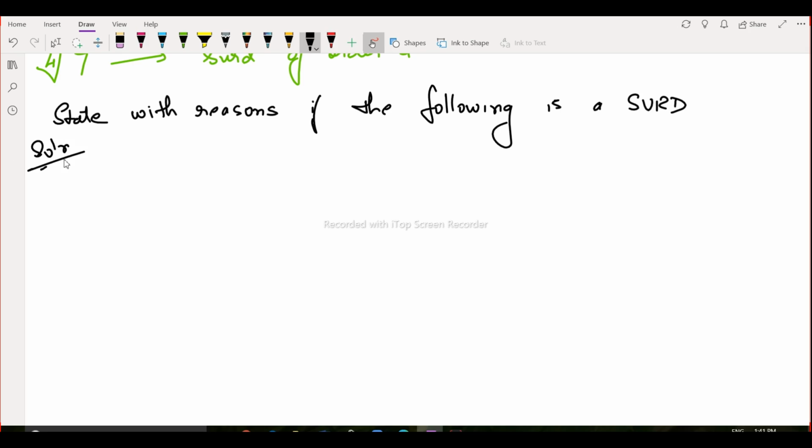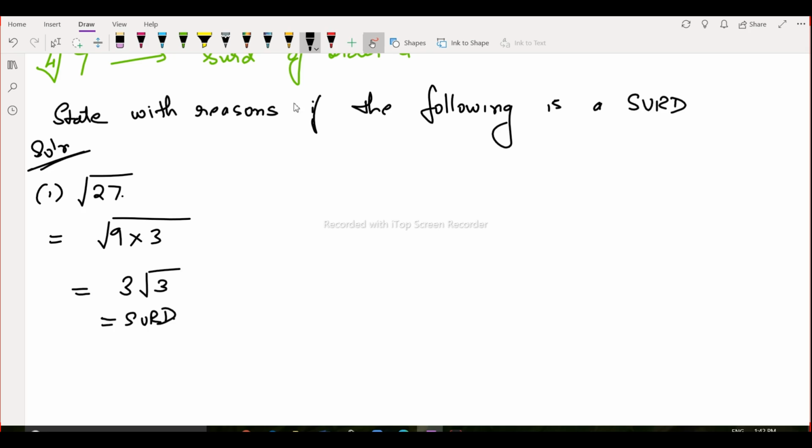Let's take the first one, which is square root of 27. Now, if we want to simplify, we can write this as 3 root 3. So now 3 is a positive rational number, and 2 is a positive integer. So this is a surd, right? Whenever in doubt, you can factorize and you can check.